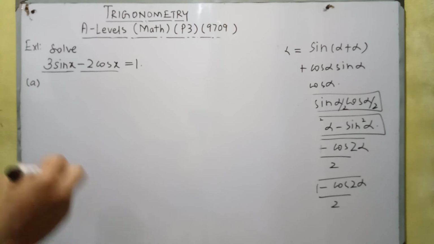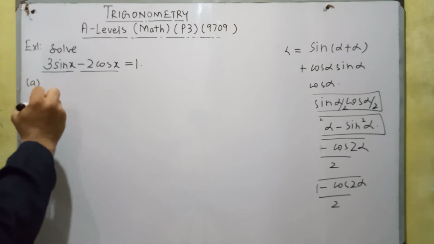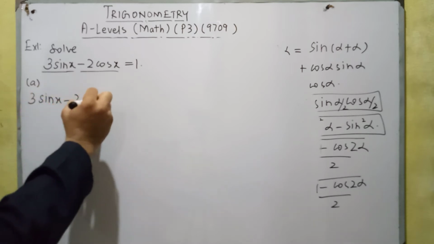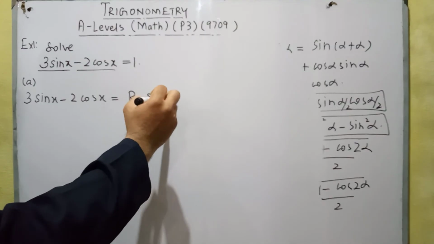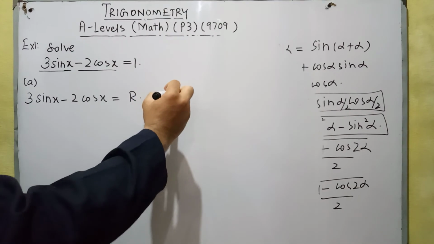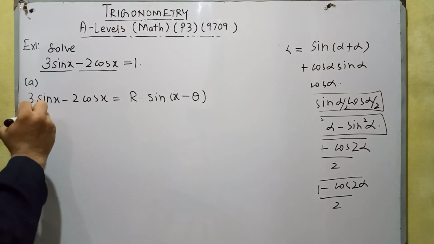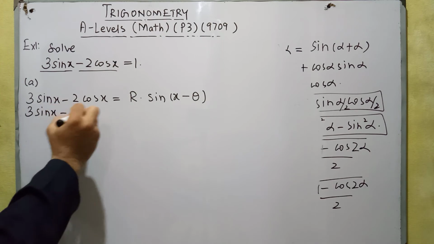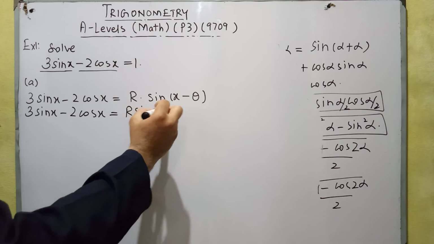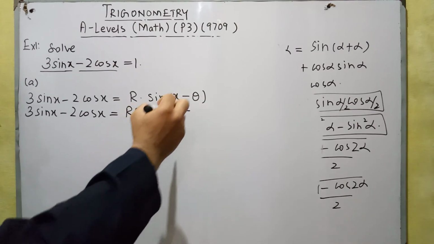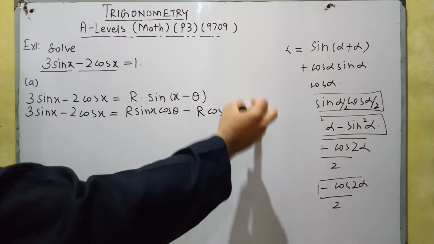For example, if we equate 3 sine x minus 2 cos x to r sine (x minus theta), we will have r sine x cos theta minus r cos x sine theta.